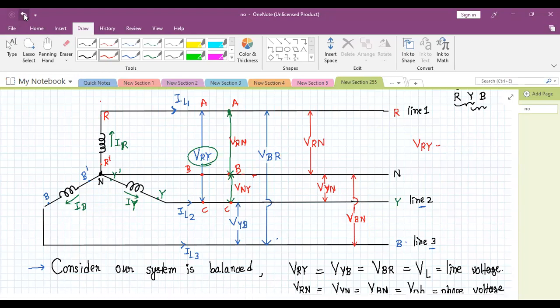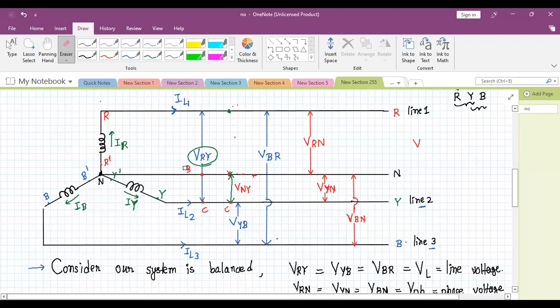Just for understanding, I had put the ABC points. So now we have confirmed what VRY is.